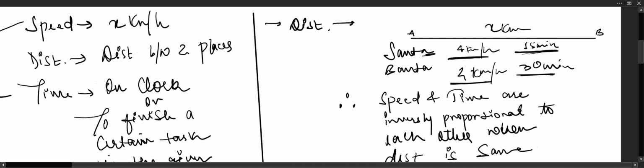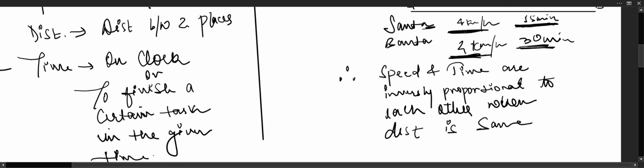Because when we increased the speed, time got reduced, and when we reduced the speed, time got increased.